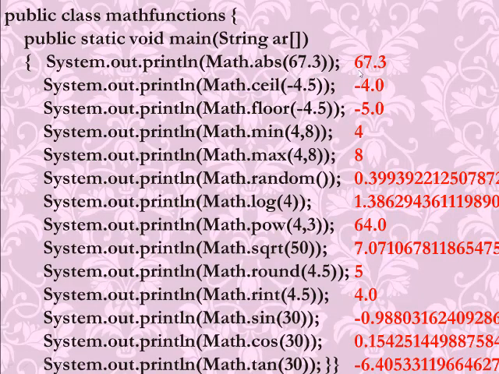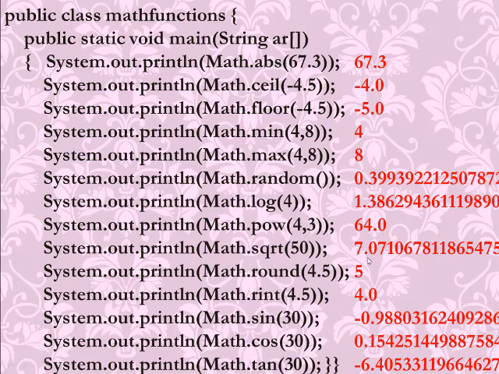So for 67.3, it will return 67.3 as it is, that is, the number without the sign. For ceil, -4.5 lies between -4 and -5, and with the negative sign -4 is greater than -5, so ceil will return -4 and floor will return -5. Min will return 4, max will return 8, and random will return any number between 0.0 and 1.0. Log(4) will find the logarithm of 4, pow(4, 3) will return the value of 4 to the power 3, which is 64.0.